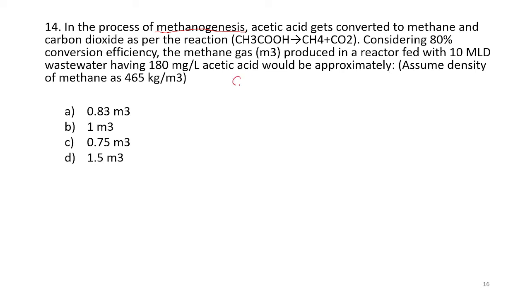I will explain what all things are given. The reaction is CH3COOH, acetic acid, converted to methane plus carbon dioxide in the process of methanogenesis, and the flow rate into the reactor is 10 MLD, 10 million liters per day.